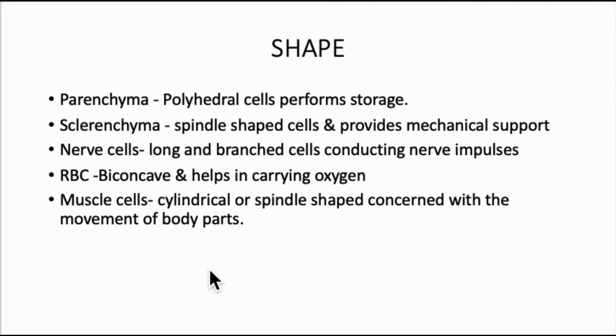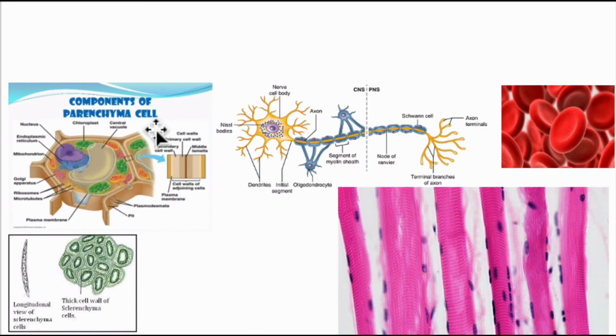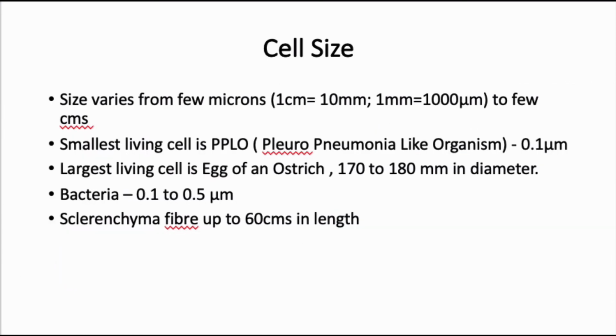They move different parts of the body, whether it be bone or skin for that matter. So again, you can see different cells, different shapes, from a red blood cell to a nerve cell. They all have different shapes. Again, their function is different.